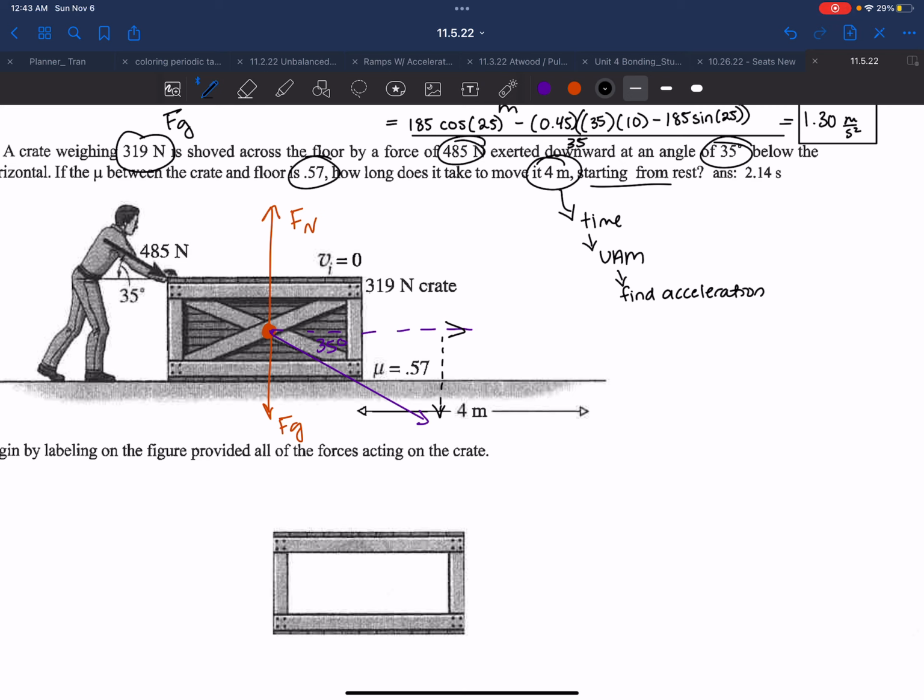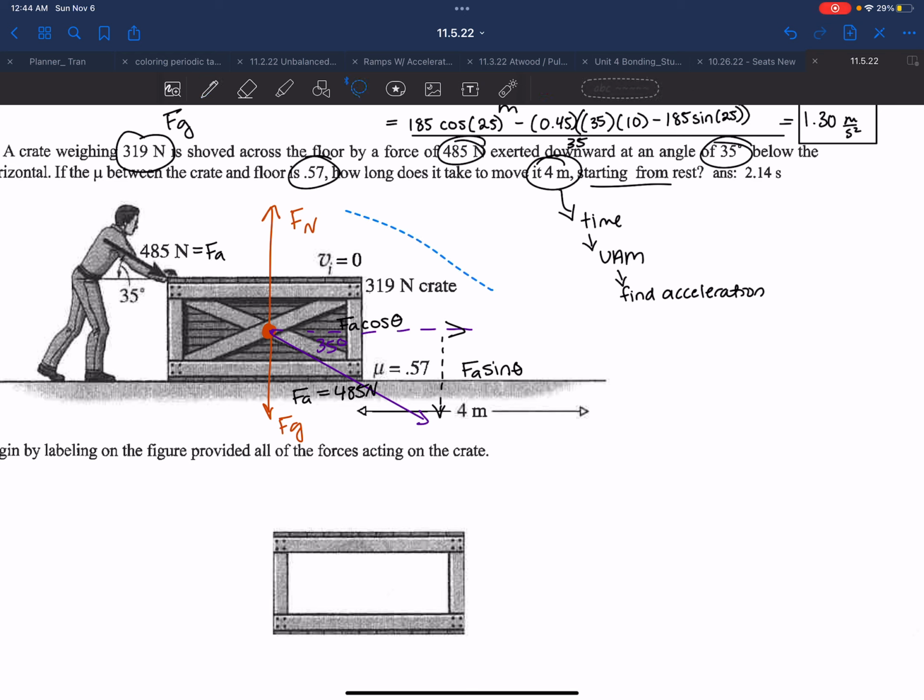Okay, so I'm going to draw little arrows, and that force applied is going to be F of A, equal to 485 newtons. So I'm just going to give this a variable. Force applied is going to be multiplied by sine theta, and let me move that part over here so that it can tag onto this diagonal. So F of A cosine theta is going to be the horizontal component.